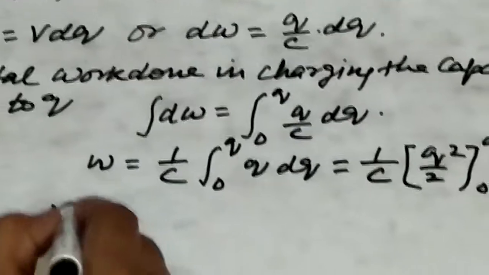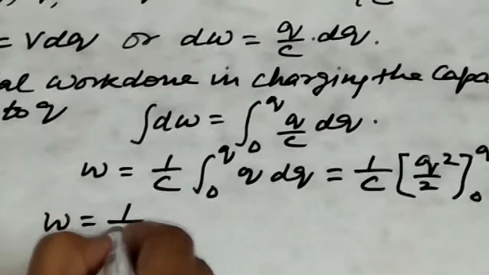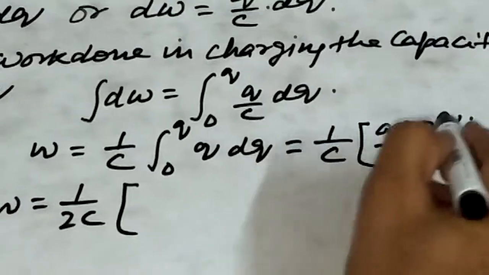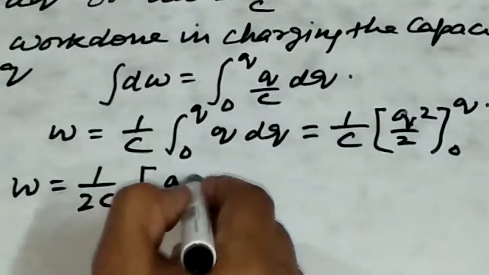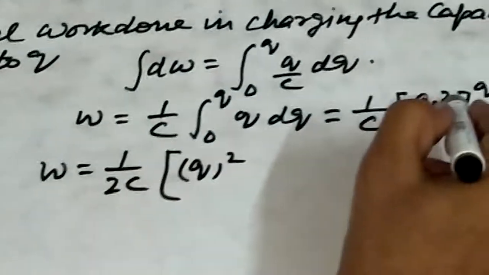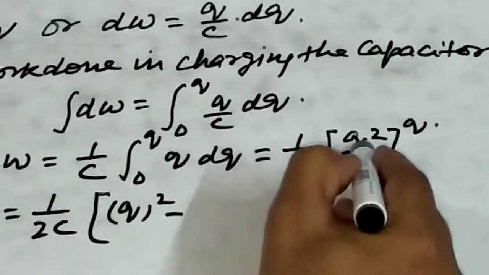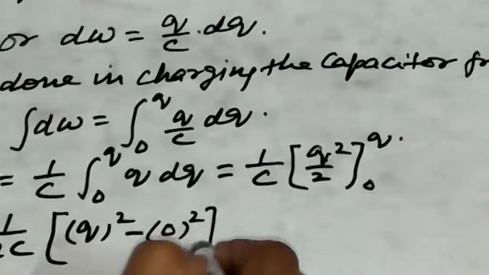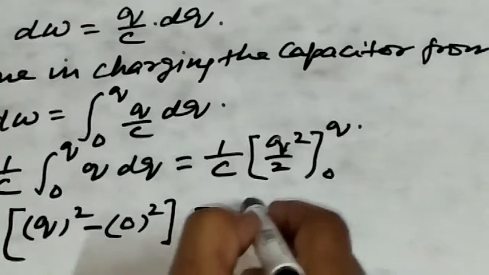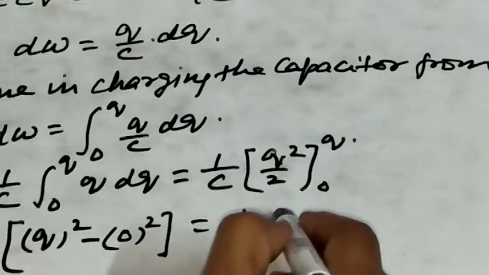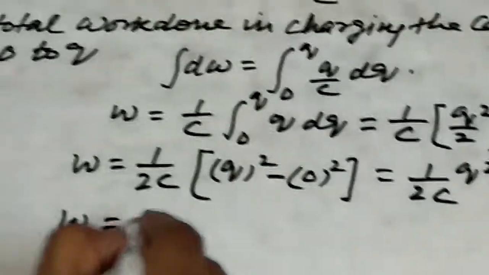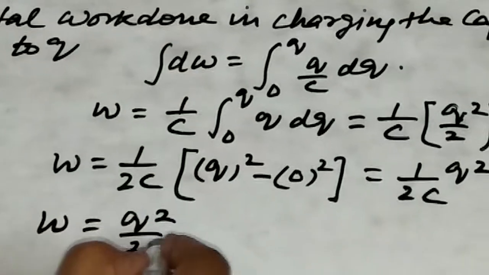So W is equal to 1 upon 2C, and now in place of Q we write the upper limit Q, so this is Q whole square, minus, again in place of Q we write the lower limit, so this is 0 whole square. Finally we get 1 upon 2C into Q square, or W is equal to Q square upon 2C.